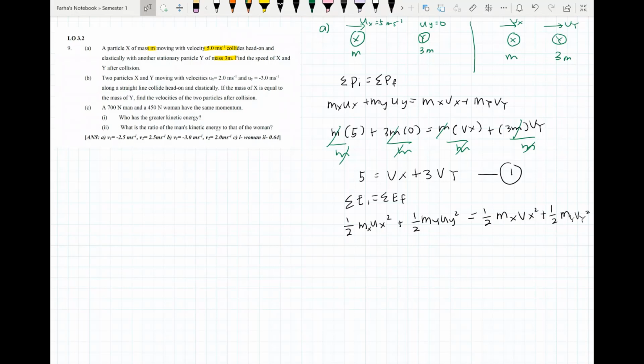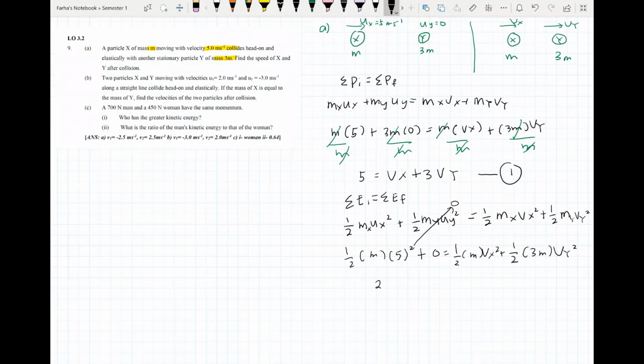Okay, kita masukkan semua value. Kita akan dapati half m 5 square, and this one akan jadi 0 because the u is 0, equals to half m vx square. Kita simplify dekat sini.